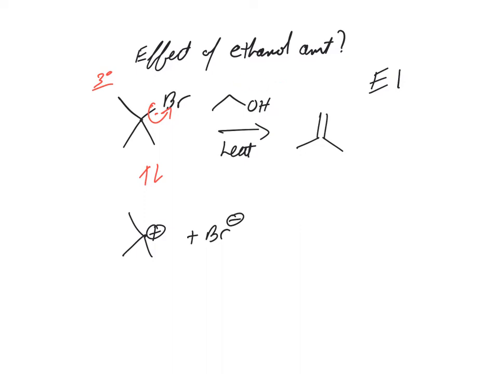So the ethanol, the solvent, the base, has nothing to do with the rate. You can add more of this, and it's not going to make it go any faster or slower. And then because the first step is carbocation formation, with an E1 reaction, you get that. There's your elimination right there.